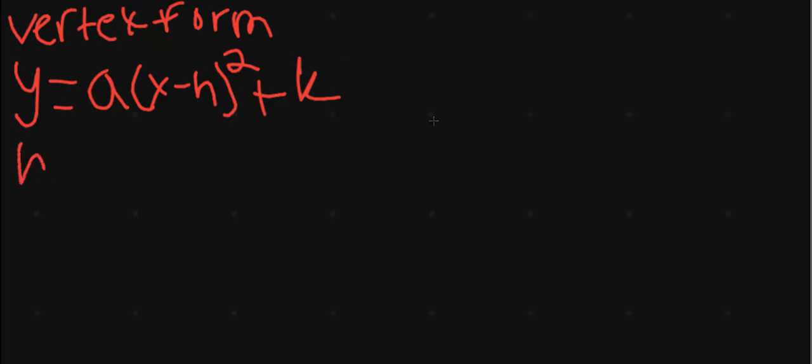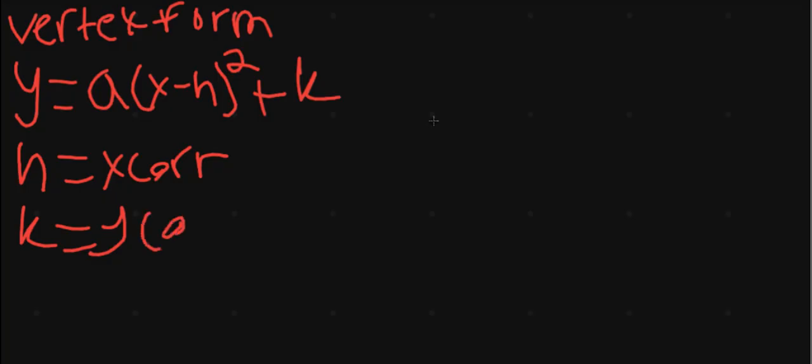The h in this equation equals our x coordinate on our vertex. Our k equals our y coordinate on our vertex.